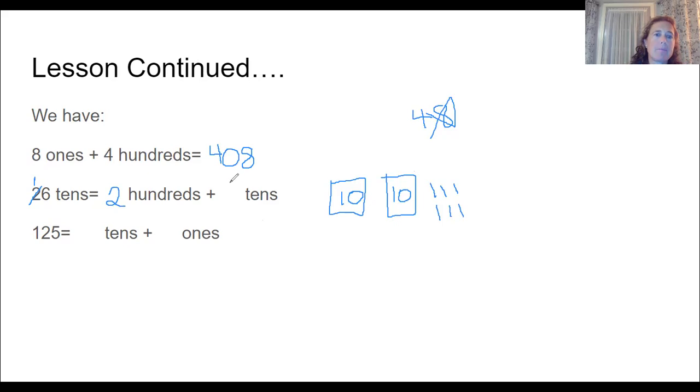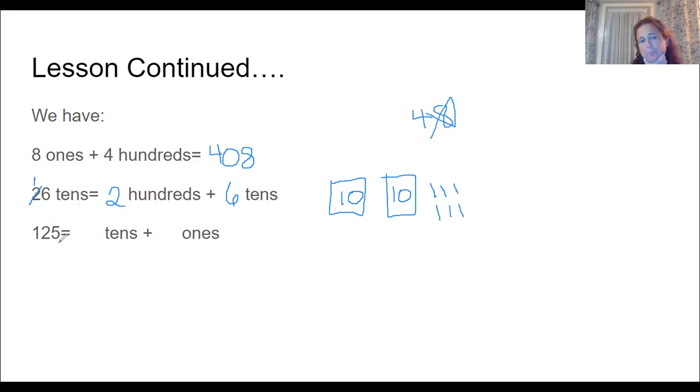So that would go here, okay? So when this says 26 tens, we have to take this 20 here and make 2 groups of 100 because we know that we need 10 tens to make 100. Okay, and in the number 26, we have 2 groups of 10 and 6 more sets of 10 in 26 tens.